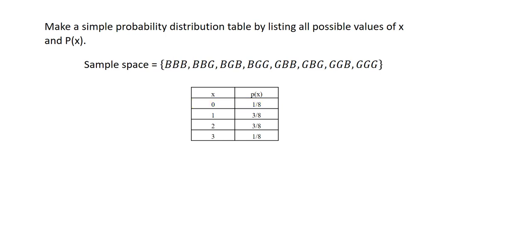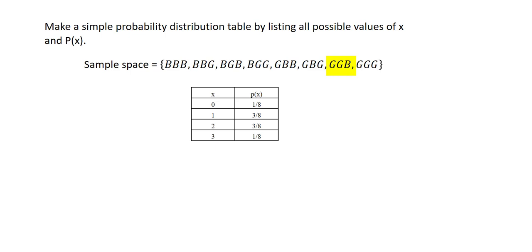The probability that we have 1 girl will be the case where they have 2 boys and a girl, a boy, a girl, and a boy, or a girl and 2 boys. So in that case, we have 3 out of the 8 possibilities. The case where they would have 2 girls will be the case where they have a boy and then 2 girls, a girl, then a boy, and then a girl, or 2 girls and then a boy.